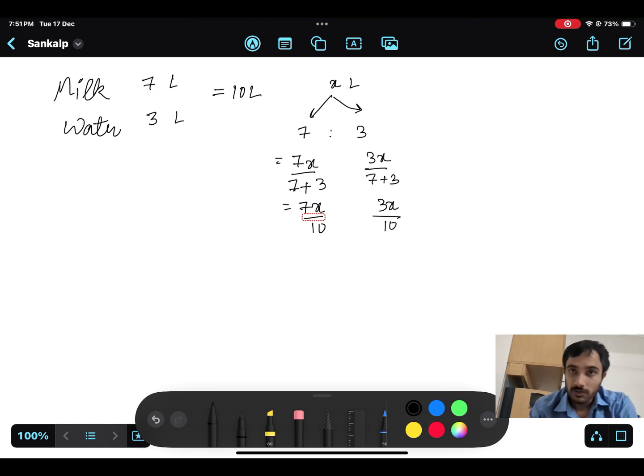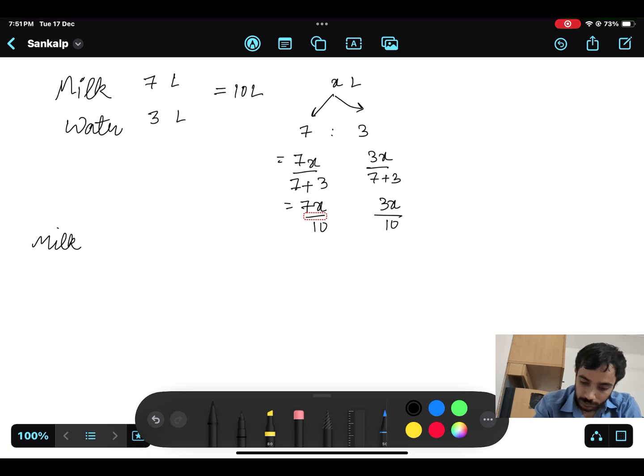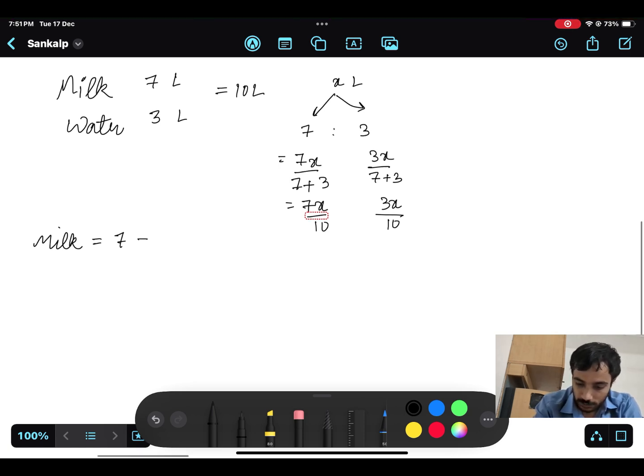Now after we perform this action, the amount of milk left will be 7 liter, which was the initial value, minus the amount we removed, which is 7x by 10. So milk left will be 7 minus 7x by 10. Similarly for water, it will be 3 minus 3x by 10.